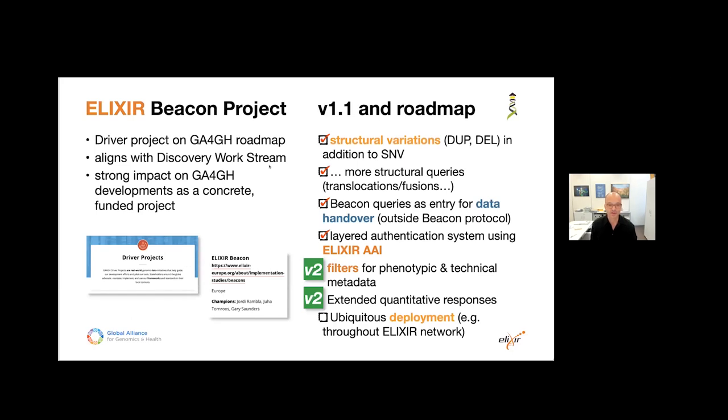So the development of the beacon protocol became the focus of the ELIXIR Beacon project. It's sometimes a bit tricky to figure this out. We have a GA4GH beacon standard, and then we have the ELIXIR Beacon project, which develops the beacon standard, but the standard is not owned by ELIXIR itself.